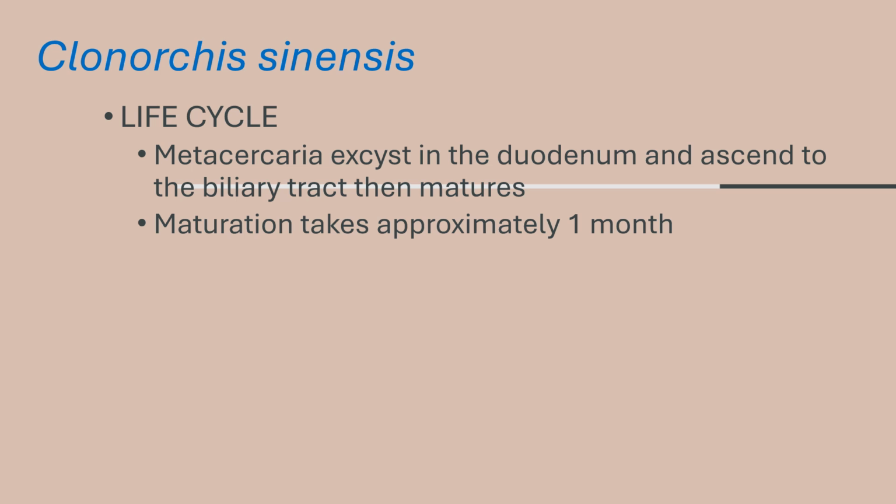That will start, of course, from the time that the ova is ingested by your snails. So 3 months from the time it is ingested by snails to the adult inside the small intestine or inside the biliary tract.